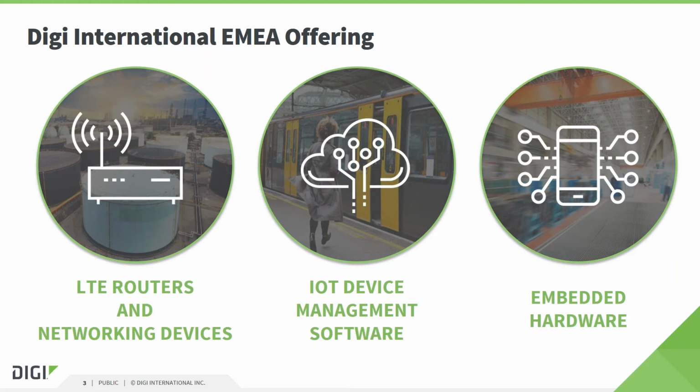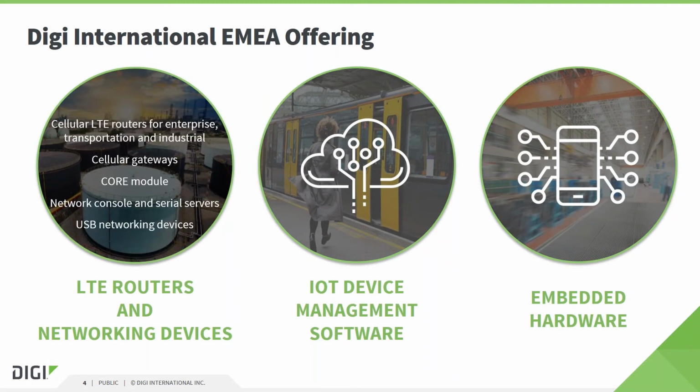Our offerings fall broadly into three key segments. First of all, what we call our box products, a range of cellular LTE routers and gateways and infrastructure management solutions, including USB over IP and serial to Ethernet connectivity.